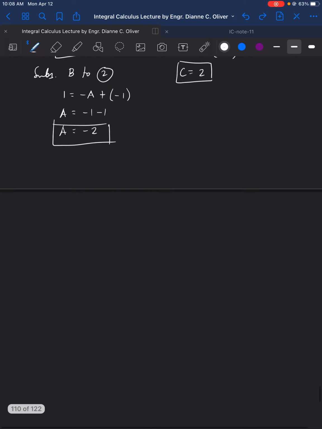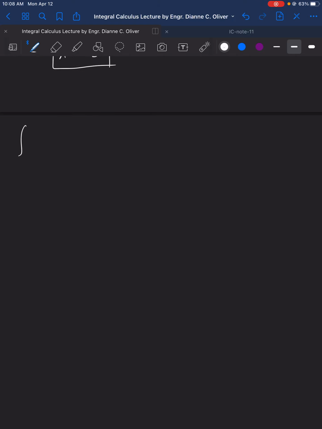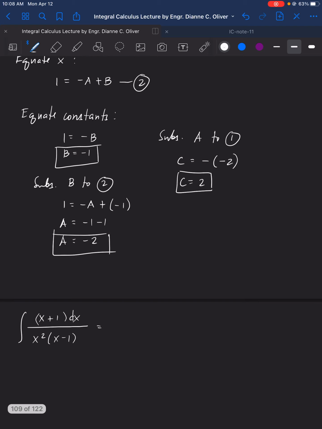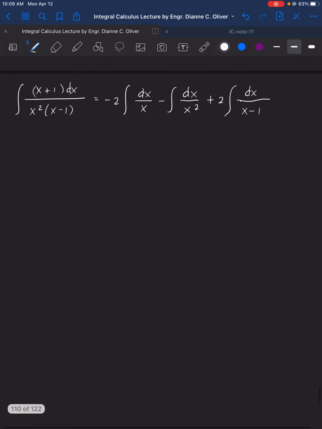Let's rewrite that. So integral of (x plus 1) dx over x squared (x minus 1) is equal to, value for a, negative 2 integral of dx over x. Value for b, negative 1, so negative dx over x squared. Value for c, positive 2 dx over x minus 1. Then, solve them one by one.